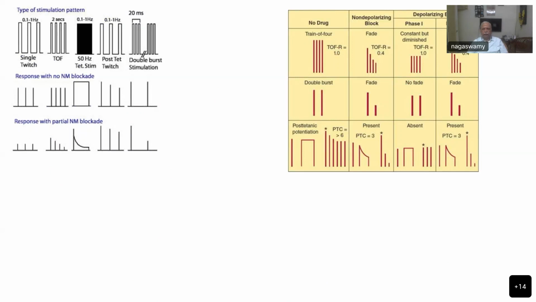For better understanding, I have given another diagram showing how to find out when there is no drug. This is the first train of 4. All 4 twitches are of equal height.